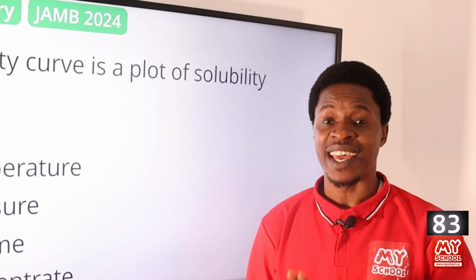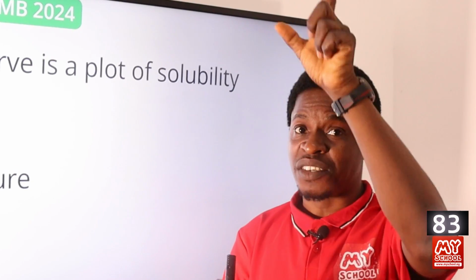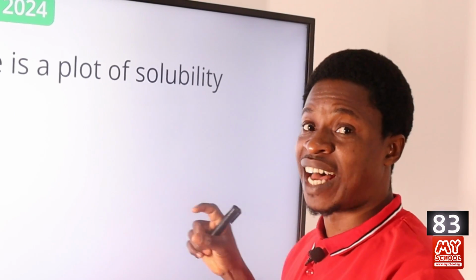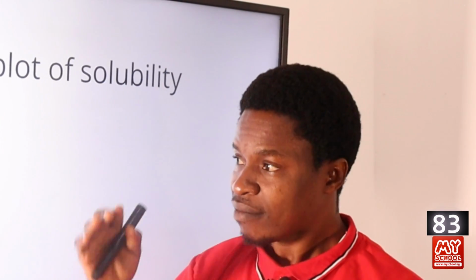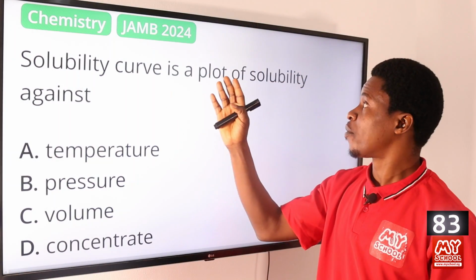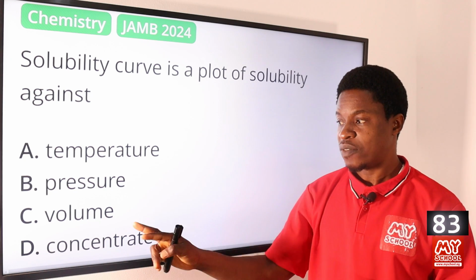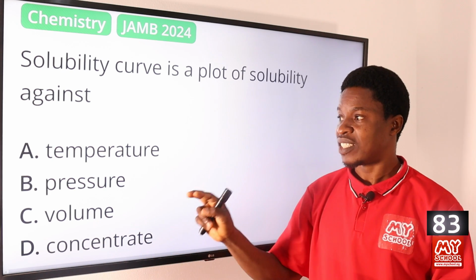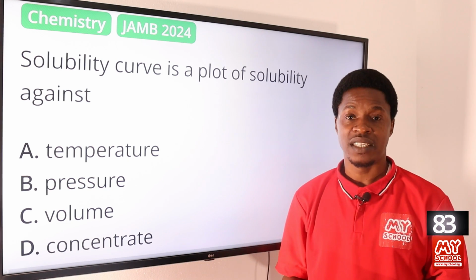That is why on a solubility curve, usually on the y-axis we have solubility, and on the x-axis we have the temperature. So solubility curve is a plot of solubility against temperature, not pressure, not volume, not concentration. So the correct answer is option A.